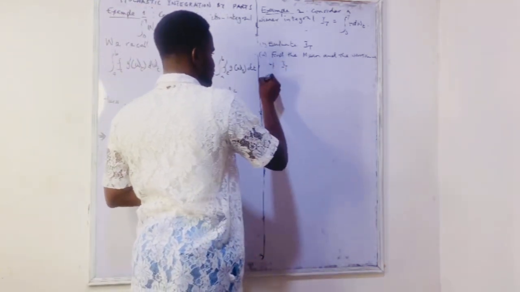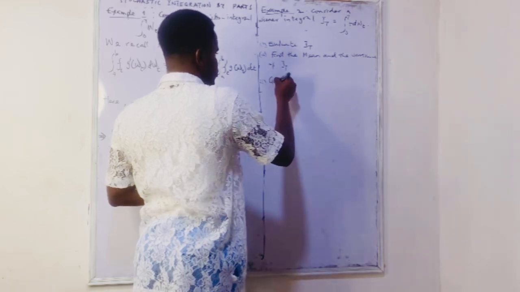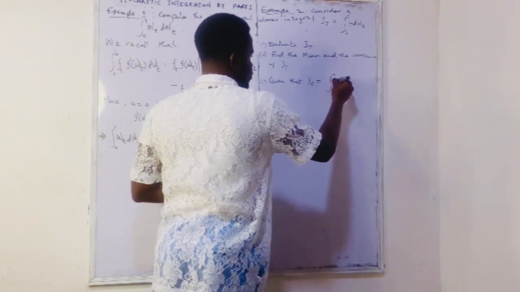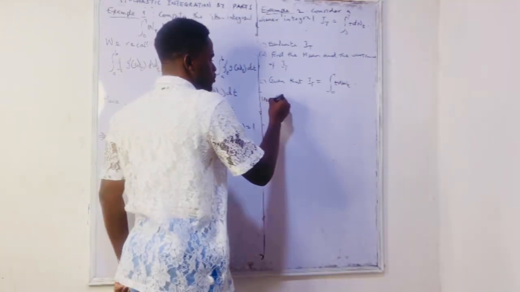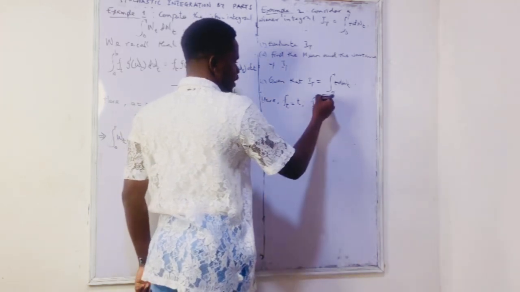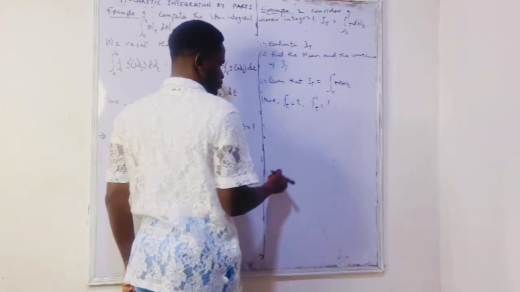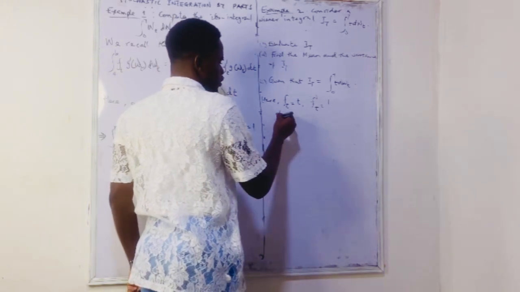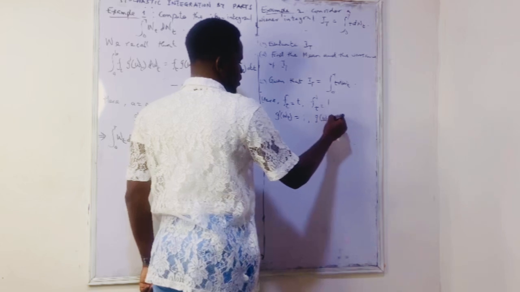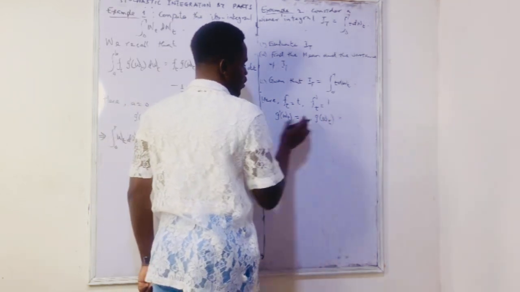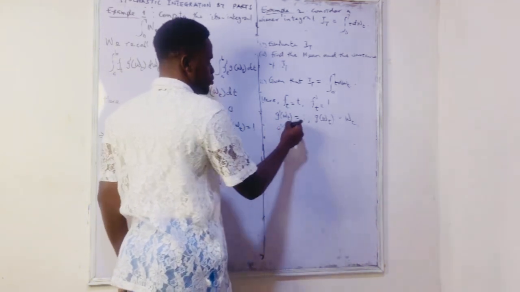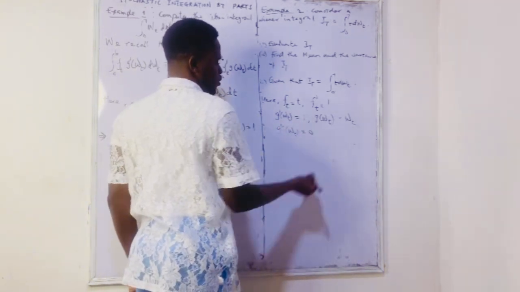So to evaluate I_t, given that I_t is the integral from 0 to t of t dW_t, here you observe that f of t is simply t, and since it is once differentiable, let's write the first derivative, which is 1. And also observe that g prime of W_t here will simply be 1, where we can easily see our g of W_t to be the integral of this, which is just W_t. And differentiating this one more time will give us 0.